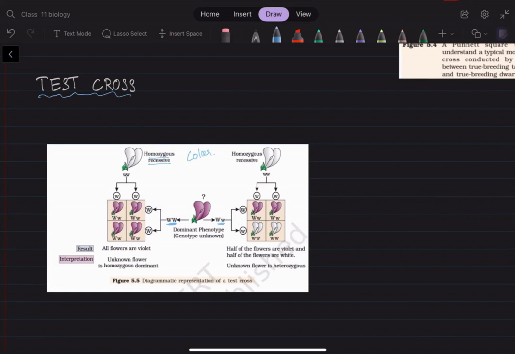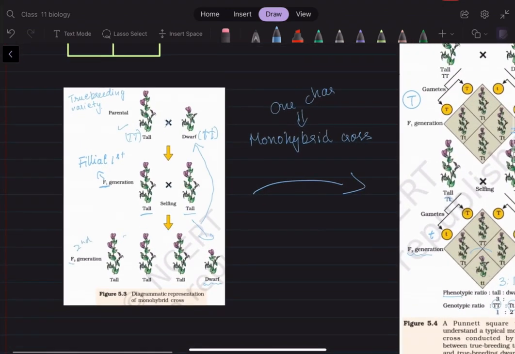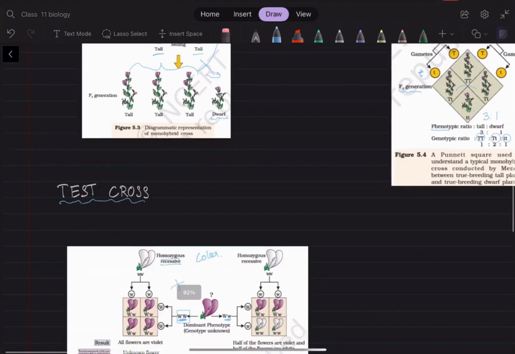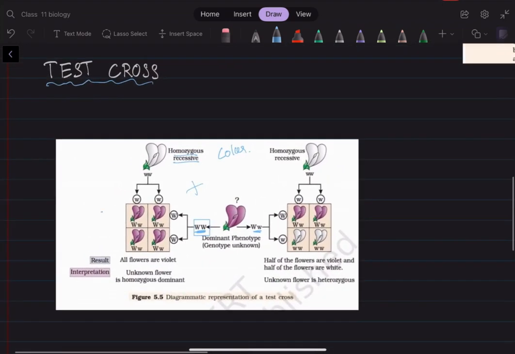Let us say it was homozygous. Then when homozygous dominant and homozygous recessive breed, we have seen that all of them will give the dominant character. So when you find all of them giving violet color, you will say that this was a homozygous plant.